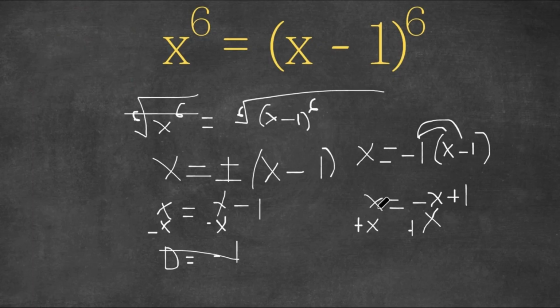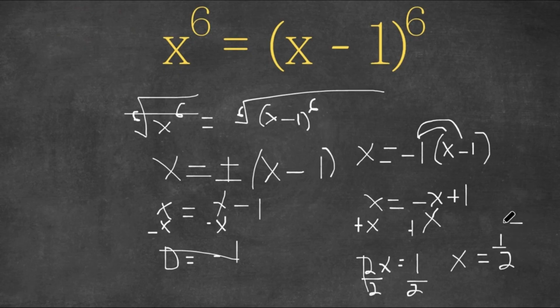And x plus x is 2x equals 1. And now to isolate x, we're going to divide by 2 on both sides. These two cancel out. So we're simply left with x equals 1/2. And this is our answer to this equation.